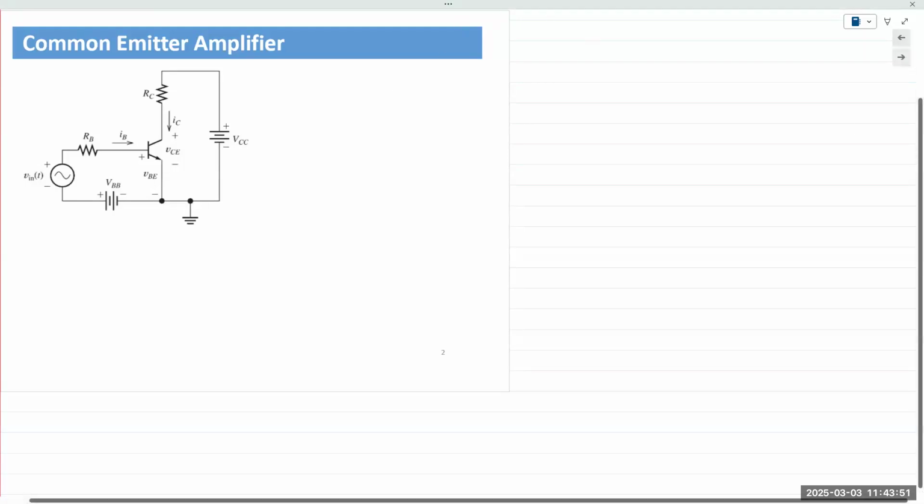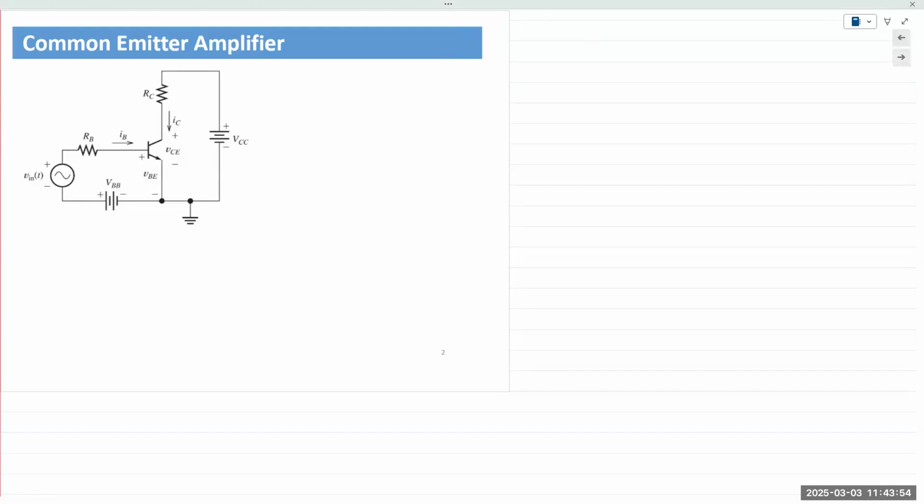Okay. So, common emitter amplifier. The standard configuration is shown here in this image. You have two power supplies, VCC and VBB. In reality, of course, we use a voltage divider bias so that we do not have to use two different power supplies. Typically, this circuit could also be shown like this.